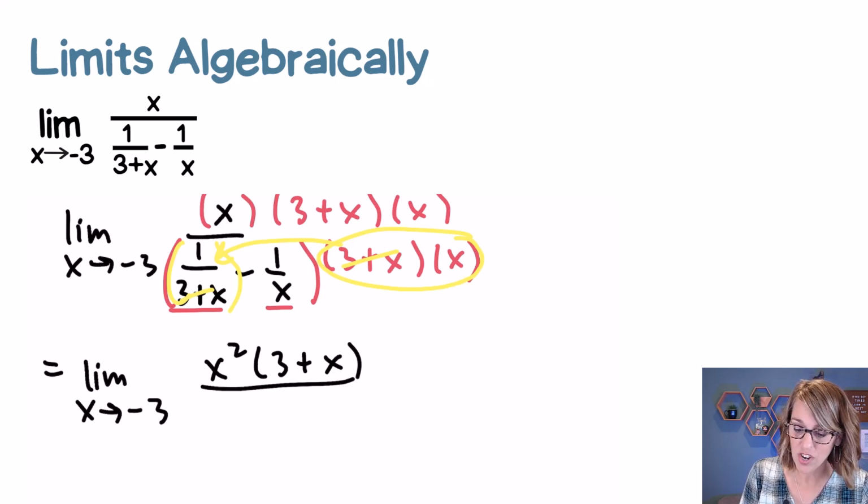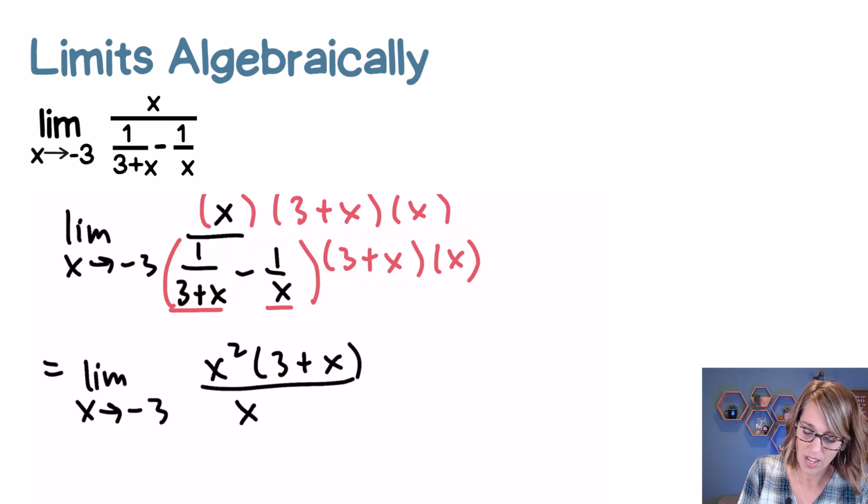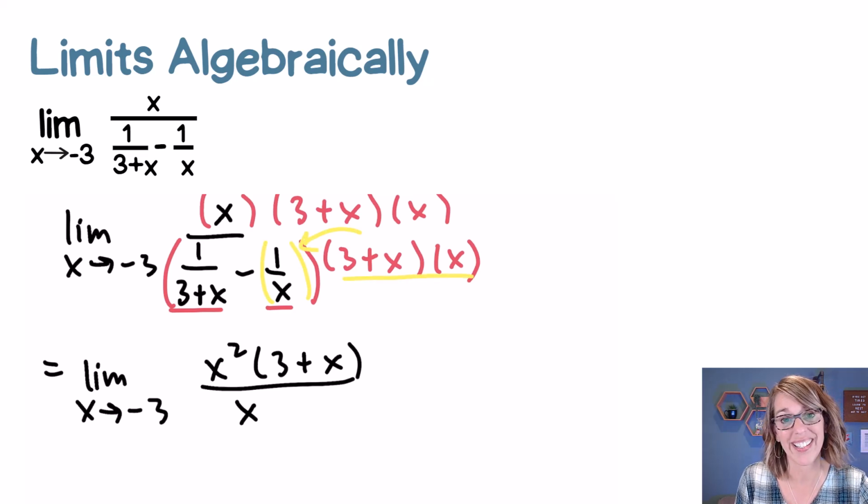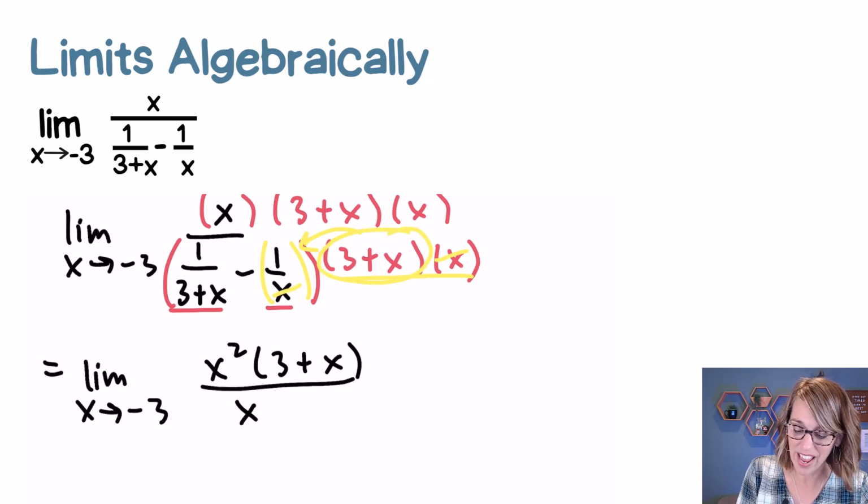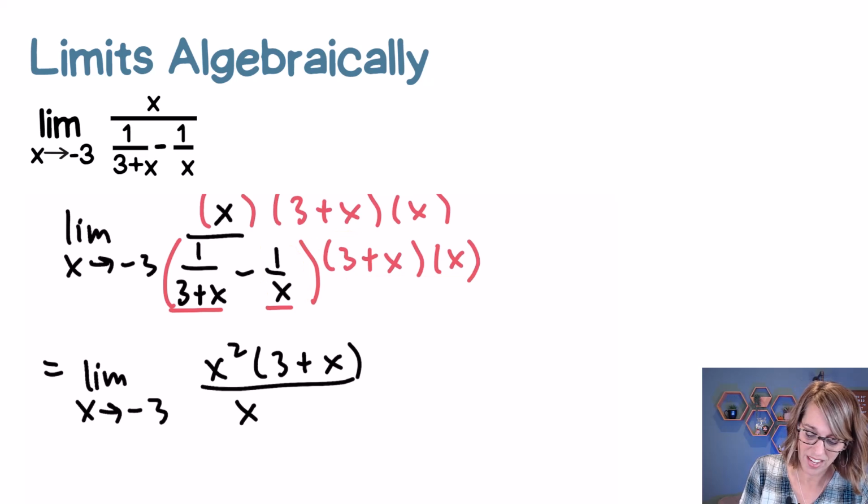Then I do the same thing with my second fraction. I'm going to multiply through by my 3 plus x times x. In this case, the x's are going to cancel, and I'm going to have that 3 plus x multiplied by that negative sign. So I have minus parentheses 3 plus x.